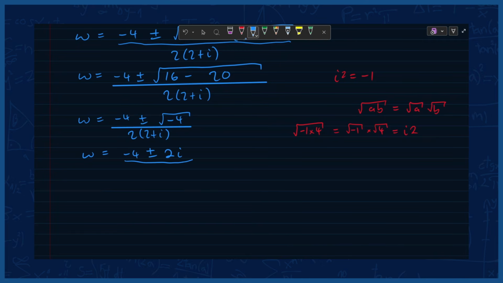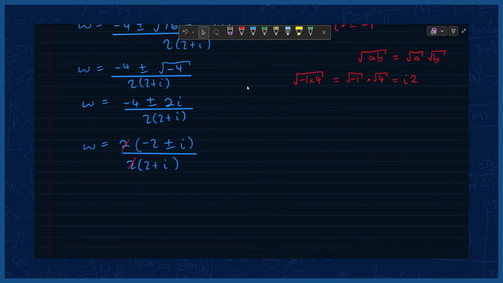And this is being divided by 2 times 2 plus i. And in the numerator, I can factor out a 2. So I've got 2, and then that becomes negative 2, plus or minus, this is now just i, and that's being divided by 2 times 2 plus i. And that 2 cancels out.